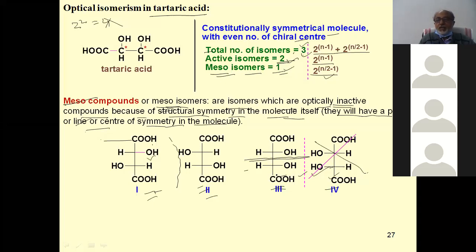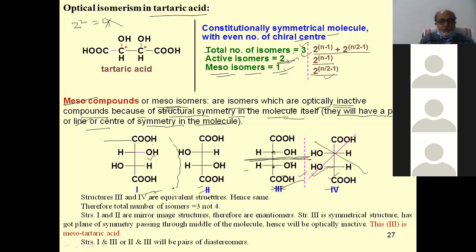What we have seen in the case of carbon compounds is that if carbon is chiral, the molecule is going to be asymmetric. But here we have 2 chiral centers, one here and one here. But even then, the overall molecule becomes symmetric. So such compounds are called meso compounds. So this is meso tartaric acid. Because it is tartaric acid, it is meso tartaric acid.